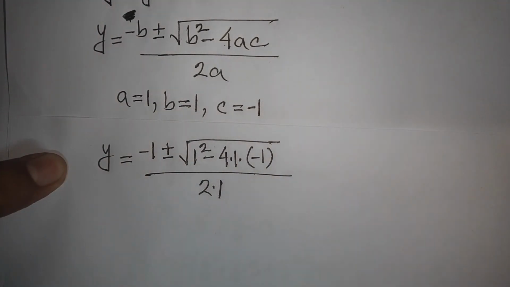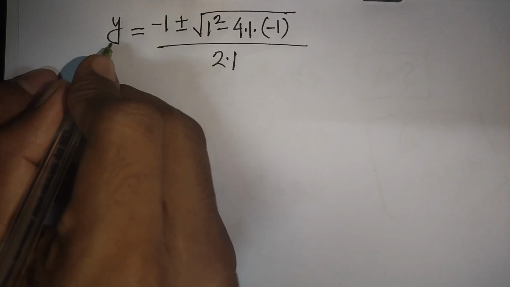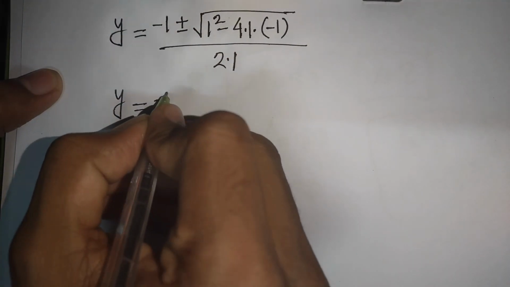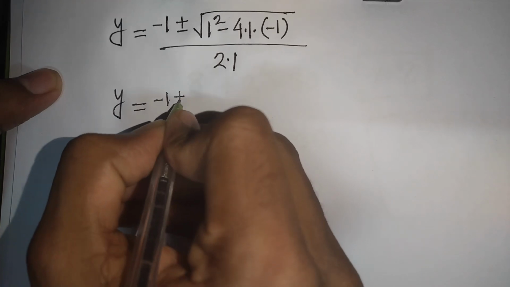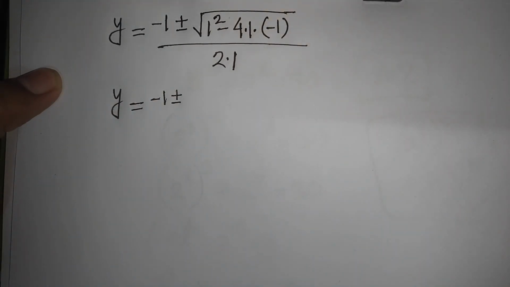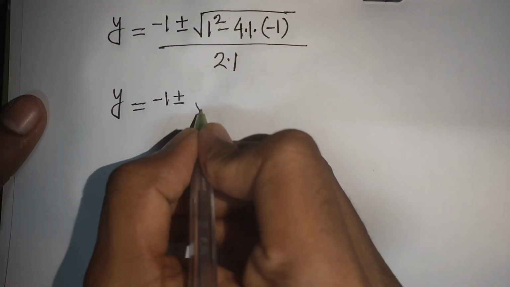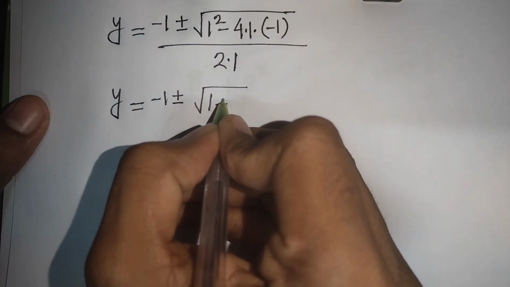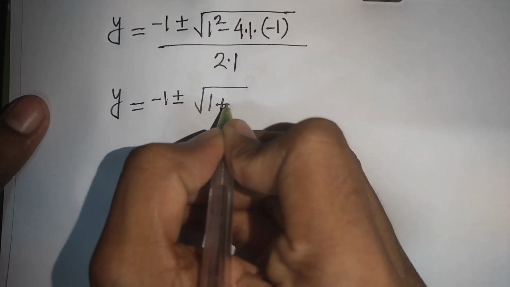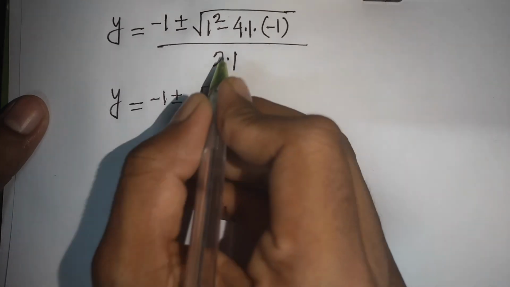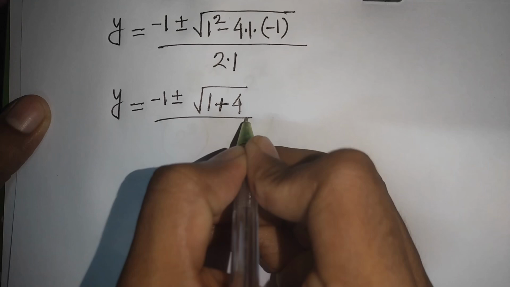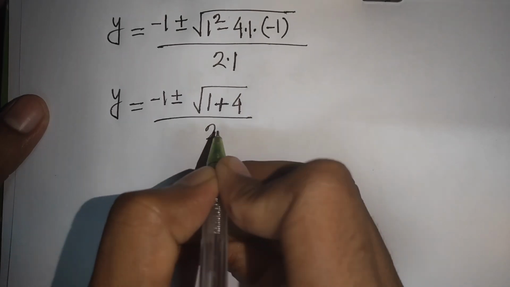Now I can write here y is equal to minus 1 plus or minus a square root of 1 square, which is the same as 1, minus times minus, that means plus 4 times 1 times 1, that means 4, then divided by 2 times 1, that means 2.